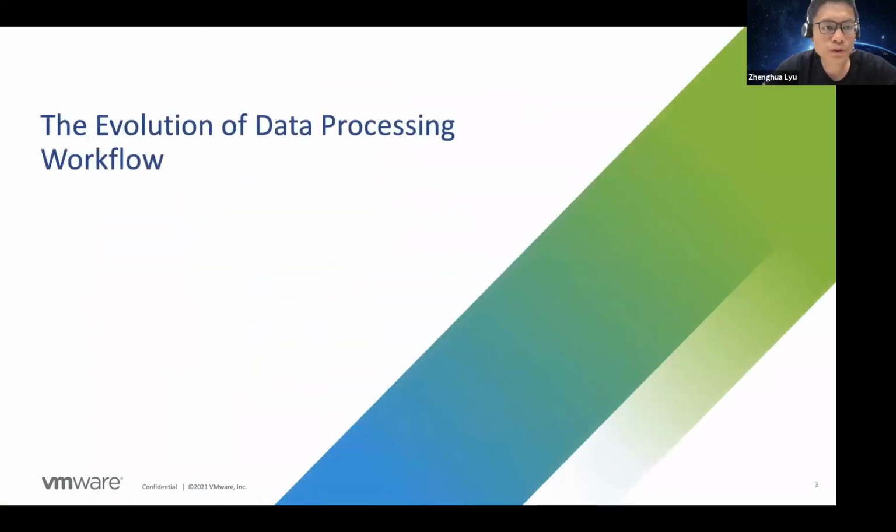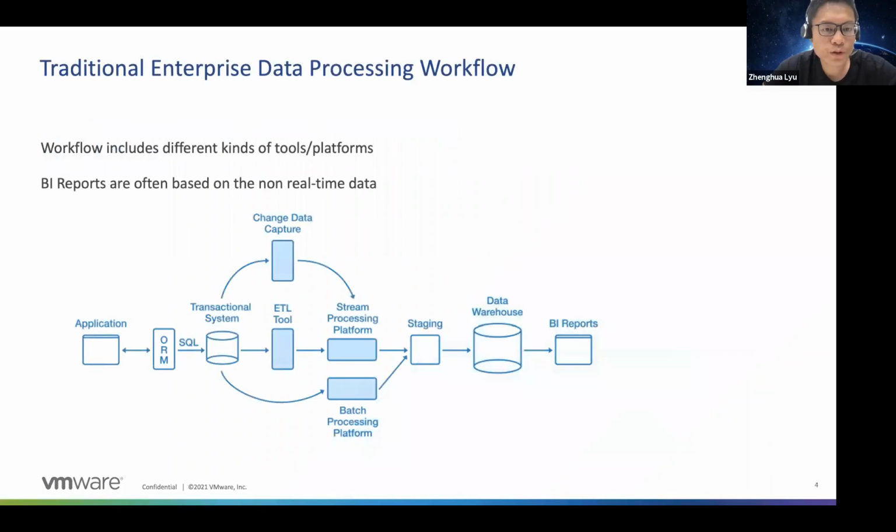Now let's come to the first section of this talk, the evolution of the data processing workflow. Here we use a picture to show a traditional enterprise data processing workflow. You can see from the picture, this whole system is very, very complex with different kinds of tools and platforms.